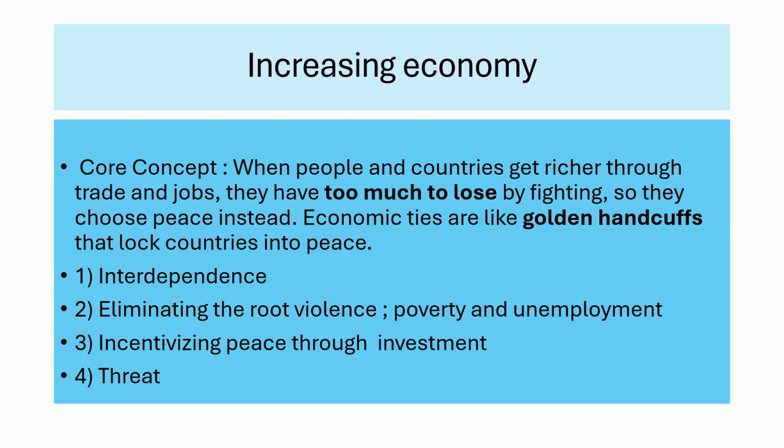Second is eliminating the root causes, poverty and unemployment. Conflicts happen not only outside a country, but also inside the country. If there is poverty and unemployment, there can be civil war and Naxalism because of poverty. If their infrastructure and economy are not good, they will pick up weapons instead of tools.